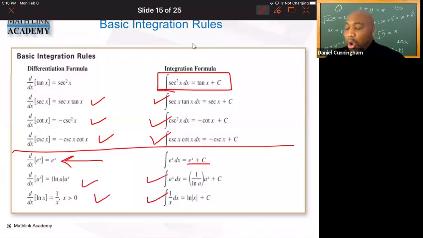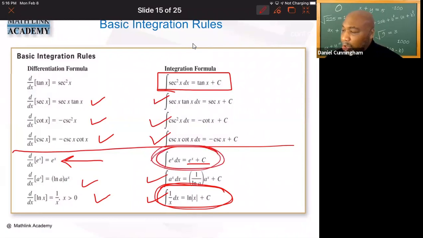One of the things we want to make sure we know is the integral of 1 over x dx is equal to the natural log of the absolute value of x, plus c. So I'm going to circle ones that we should already know, and even put in a box ones you can probably get very clearly if you know the derivative.